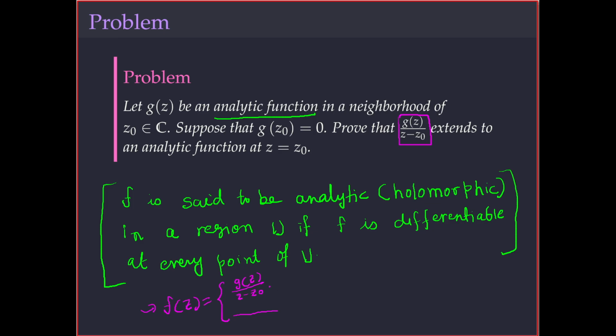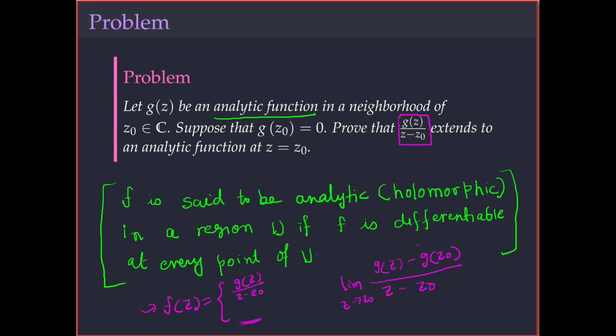So first of all, we need to make a guess of what the value at z0 should be. In order for a function to be analytic, first of all, it has to be continuous. So if f is continuous at z equals z0, then what is the value at z0? We need to determine the limit of this as z tends to z0.